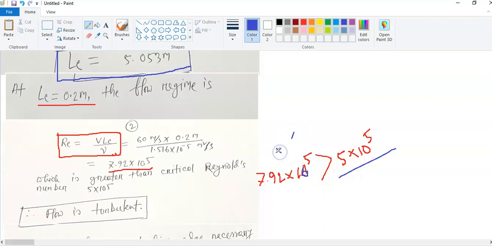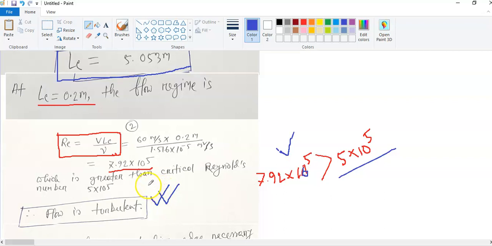That means this flow will be turbulent at this point. You see, what we said, it is greater than the critical Reynolds number, so the flow is turbulent.